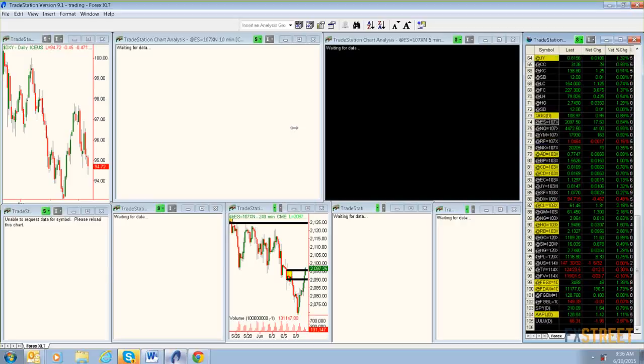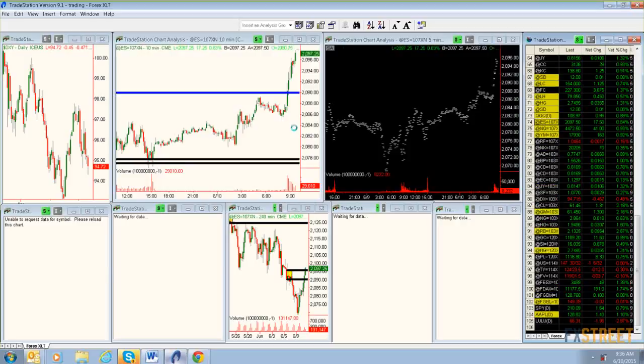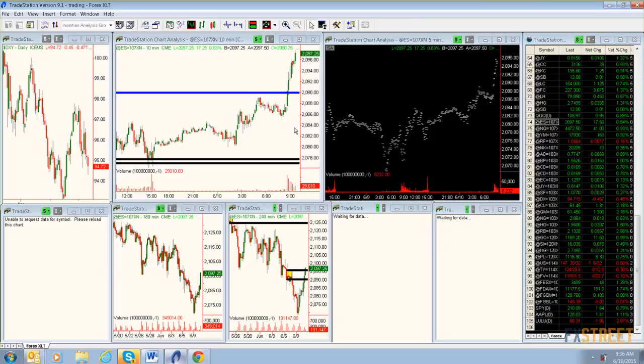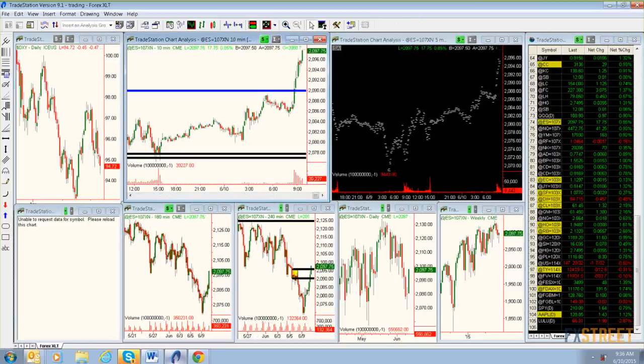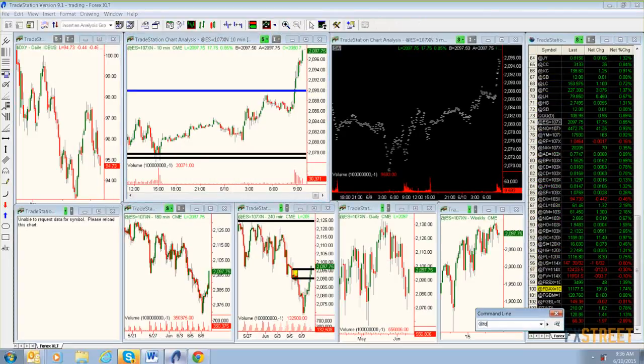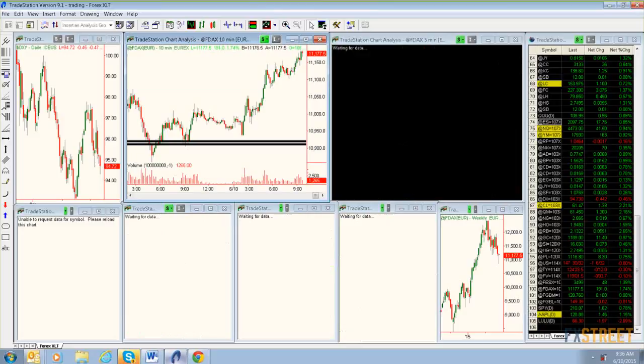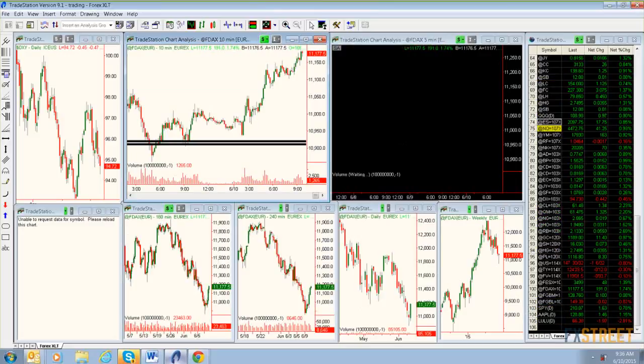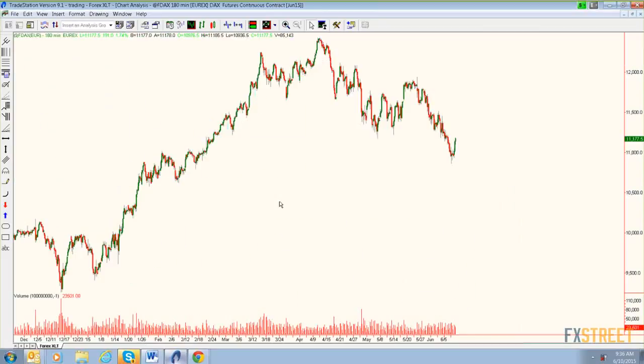Let's let these charts catch up. Okay, so notice the DAX is just now reaching some supply.